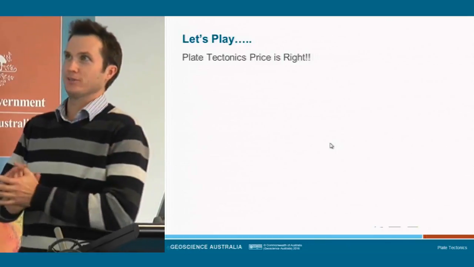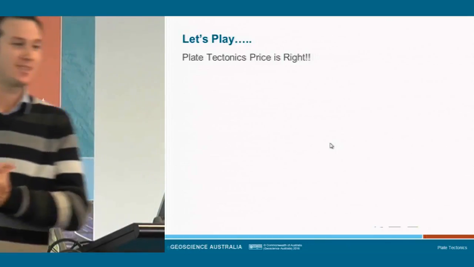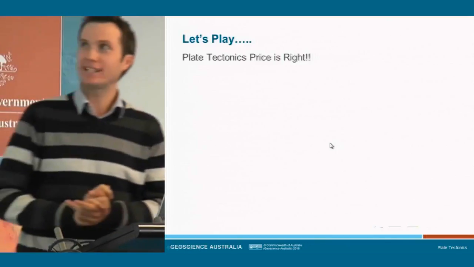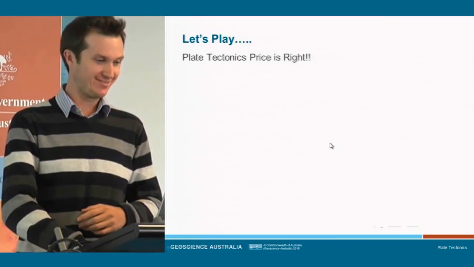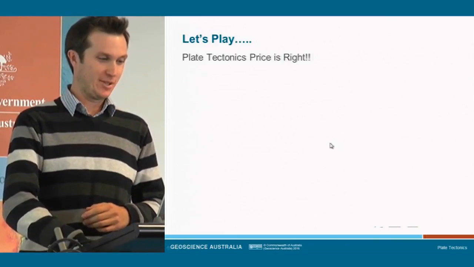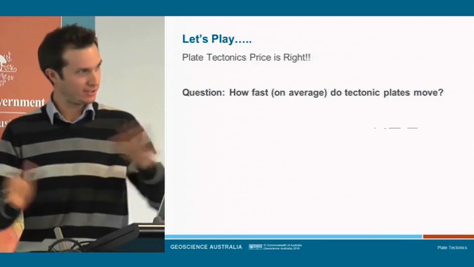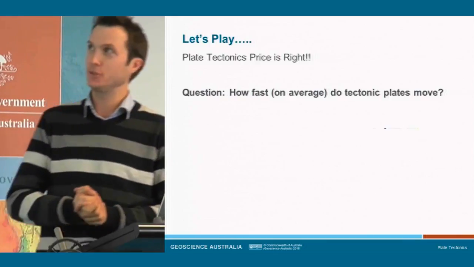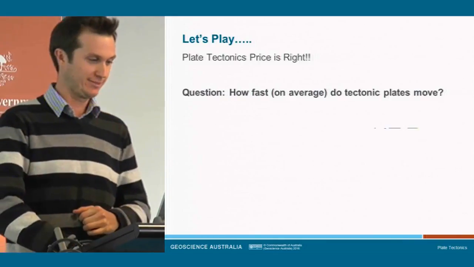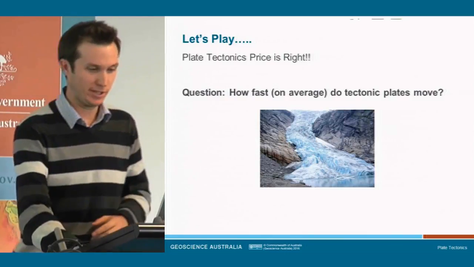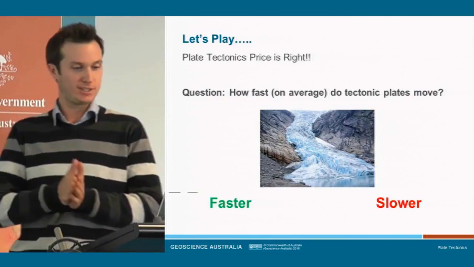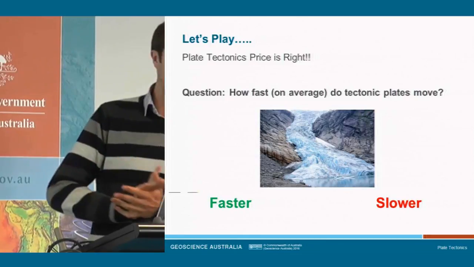Okay, so it's time for your red and green cards, and we're going to play Plate Tectonics Price is Right. So the question is, on average, how fast do tectonic plates move? The first one is, do you think they move faster or slower than glaciers?